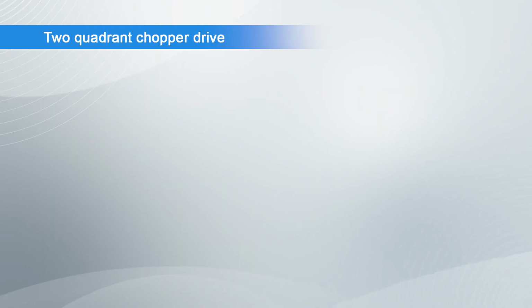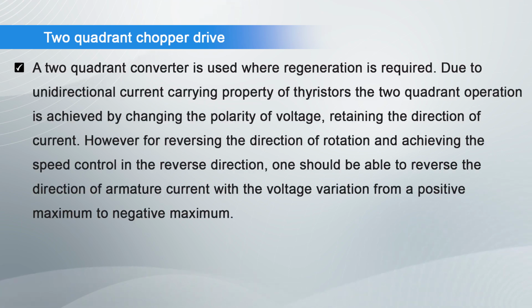Now, the next topic is the two quadrant chopper drive. A two quadrant converter is used where regeneration is required. Due to the unidirectional current carrying property of thyristors, two quadrant operation is achieved by changing the polarity of voltage, retaining the direction of the current.